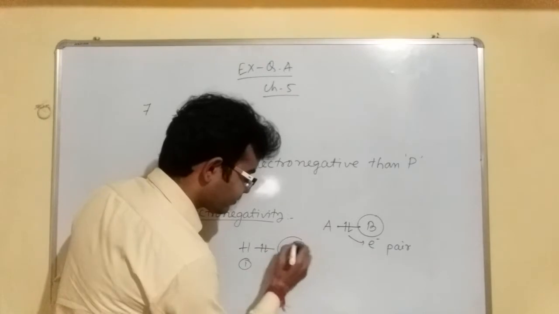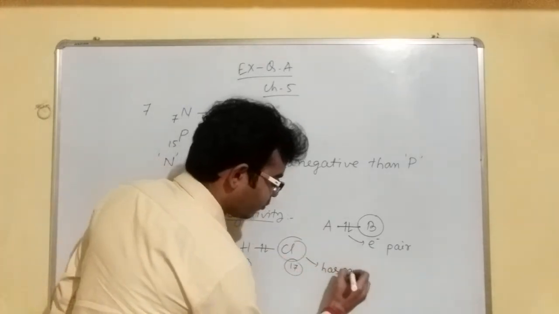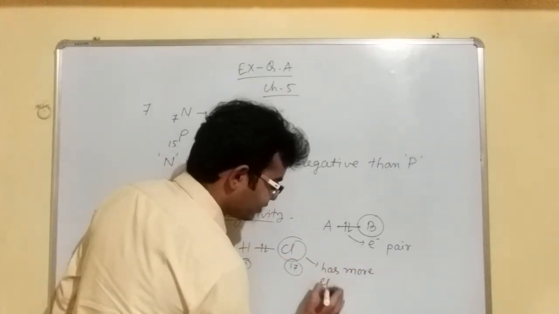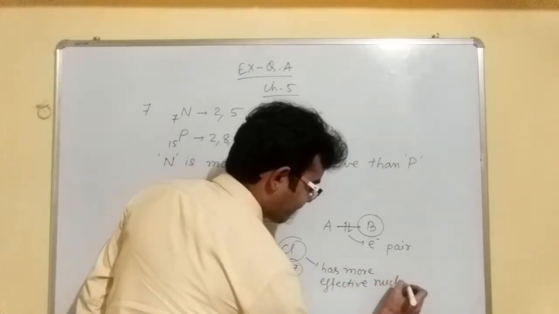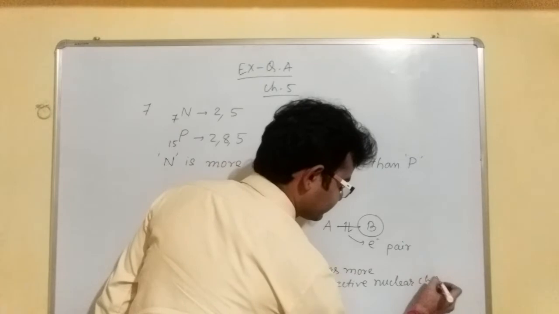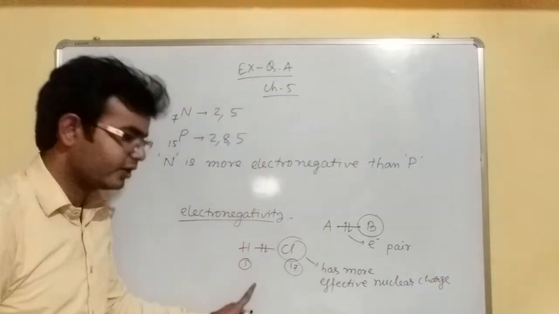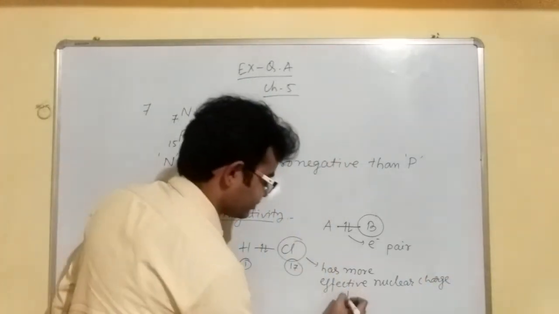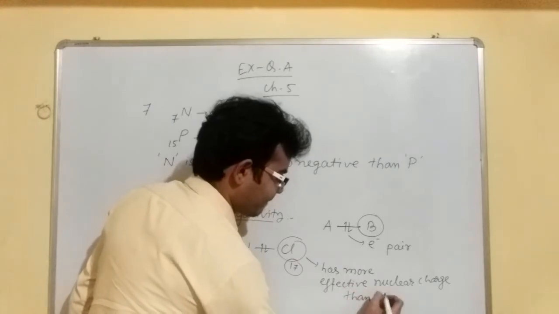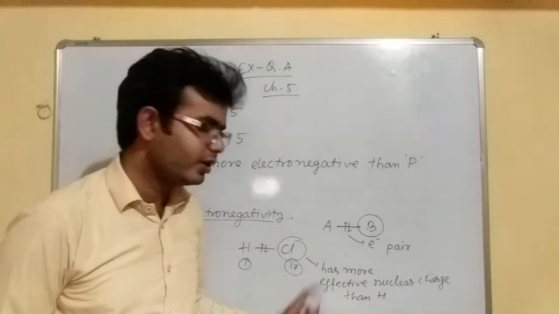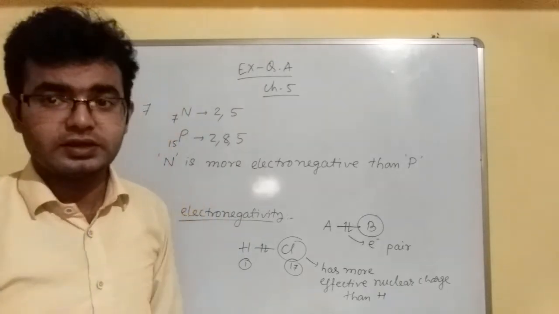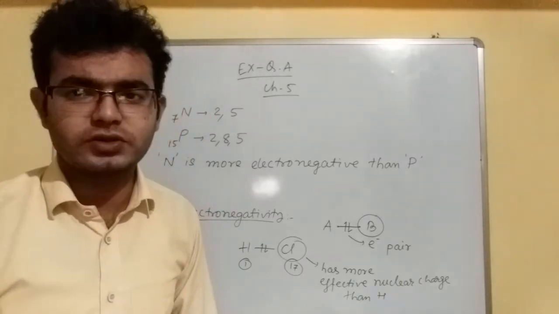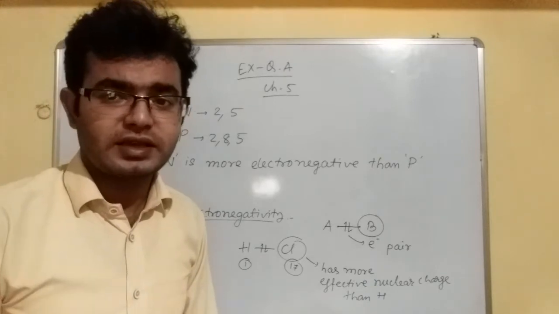So chlorine has more effective nuclear charge than hydrogen. Between hydrogen and chlorine, chlorine contains more protons in its nucleus, and not only that, it is smaller in size than hydrogen.